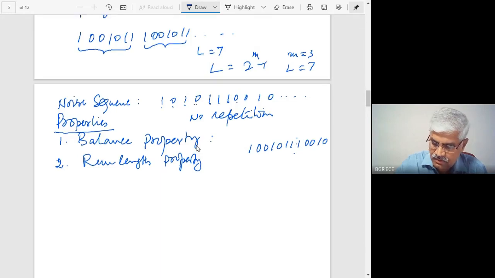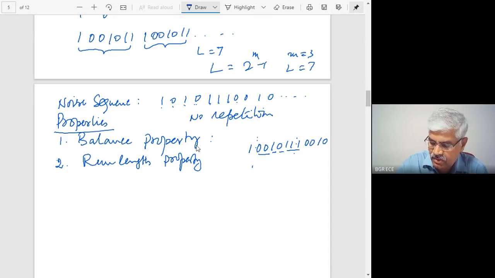So if you look at the runs, take any 7 bits and then we can calculate the runs. I am just grouping the bits so that the runs can be properly counted.